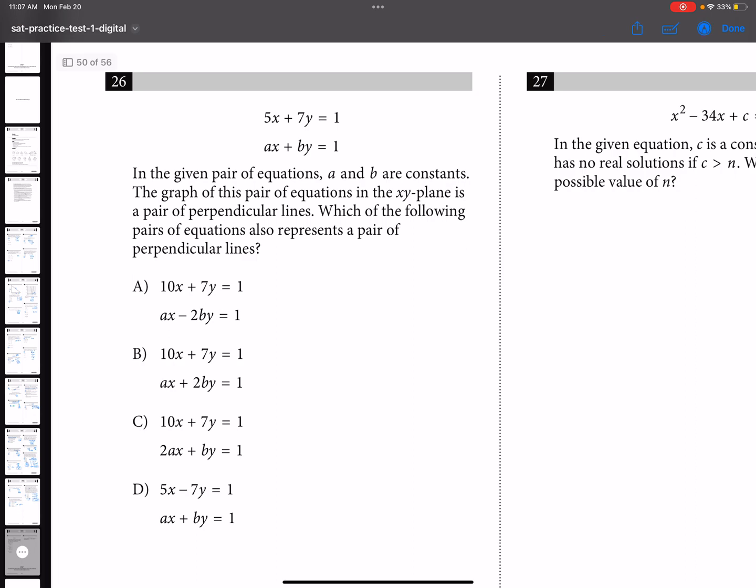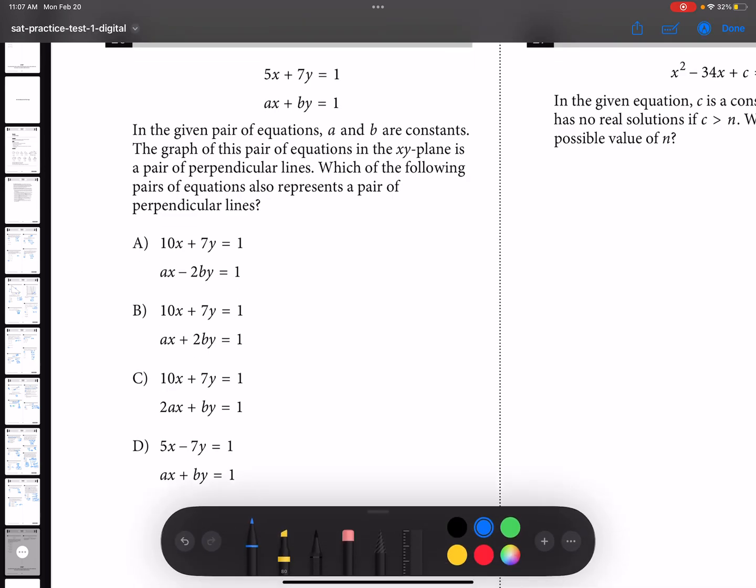26. In the given pair of equations, A and B are constants. Okay, we're trying to find out the perpendicular of this line. So we're going to first put these in slope-intercept form to make it much easier. Now, if I put it in slope-intercept form, 7y is equal to minus 5x plus 1. So that means that one equation will be y is equal to minus 5/7 x plus 1 over 7.